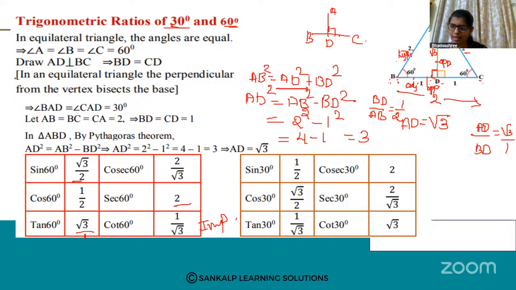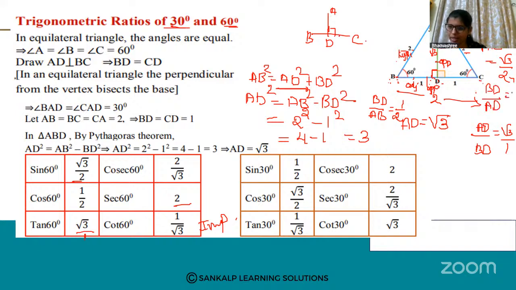Cos 30 degree means adjacent divided by hypotenuse. Our adjacent side is AD and hypotenuse is AB, right? AD value is root 3, AB value is 2. So root 3 by 2. Like that, tan 30 degree is opposite side divided by adjacent side, BD divided by AD.